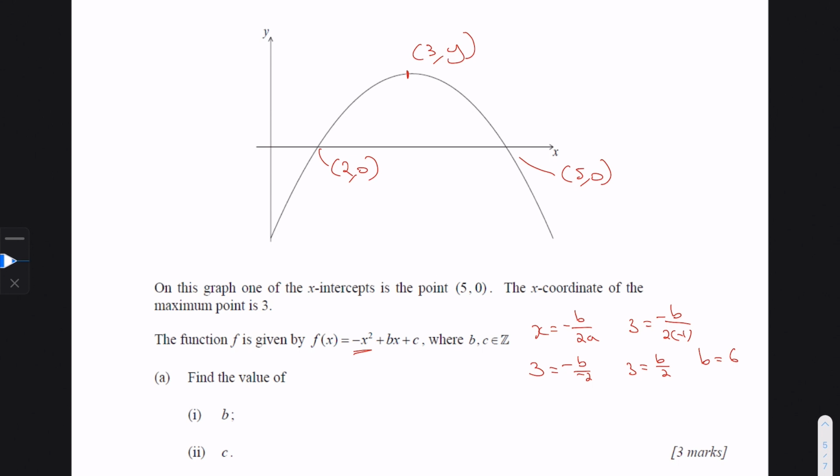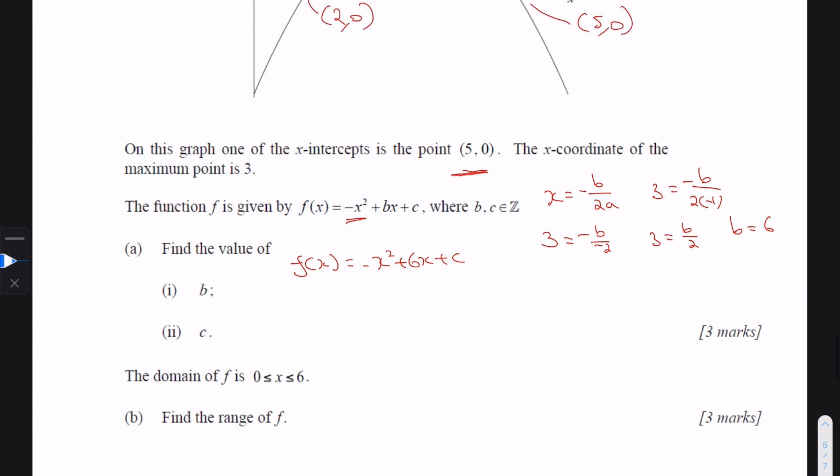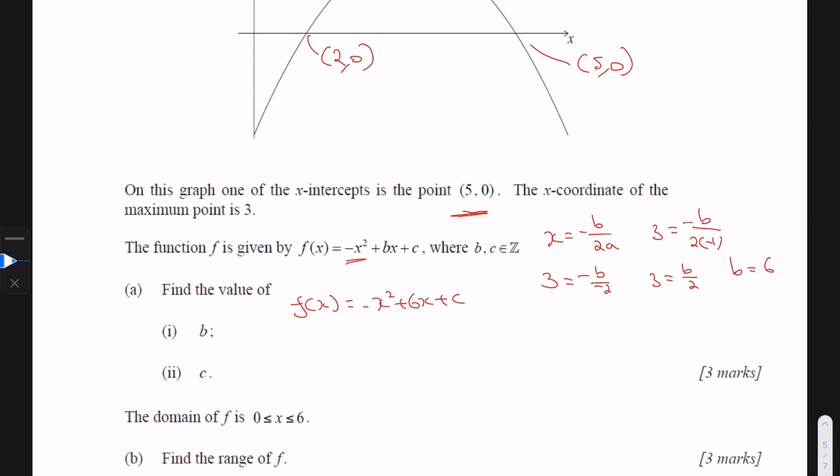So having got that b is 6, I want to work out what c is. Let me plug it into the actual equation first: f of x equals minus x squared plus 6x plus c. Do I know any coordinate that it goes through? Yes, I do. This is the x and this is the y.